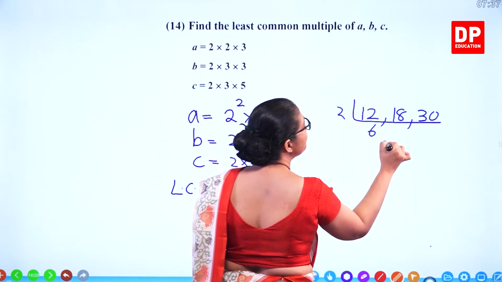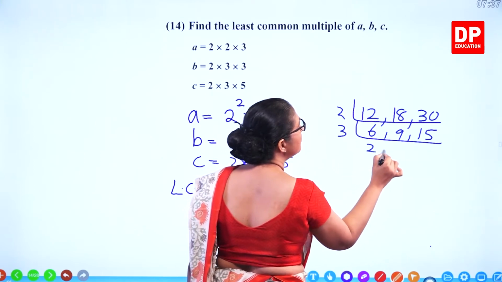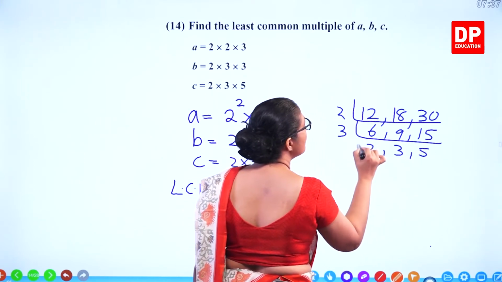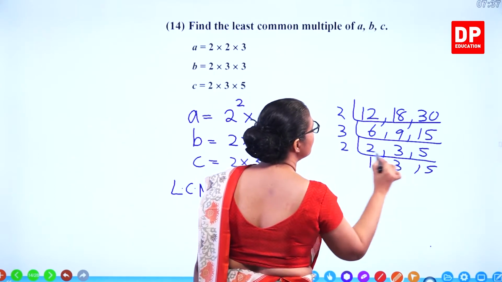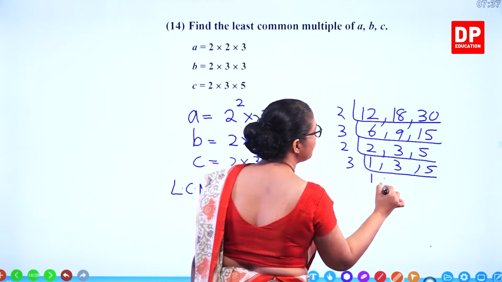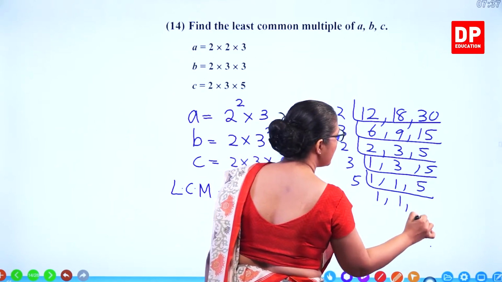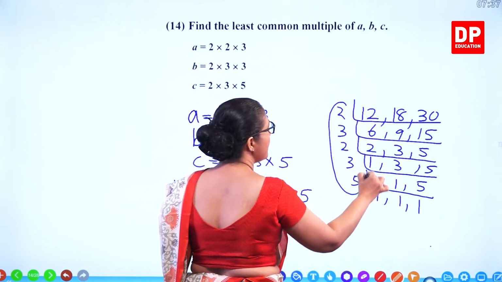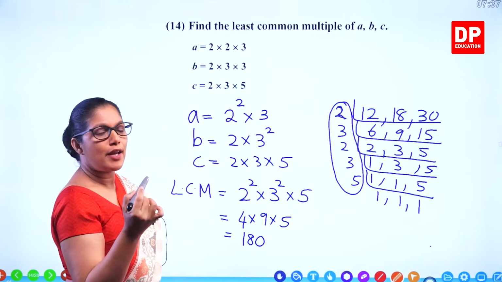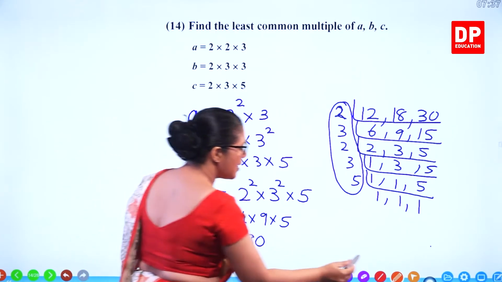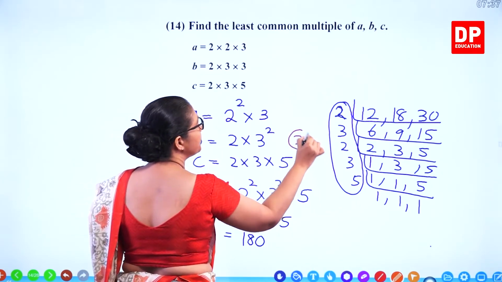Divide by 2, divide by 3, divide by 2, divide by 3, and divide by 5. So when you multiply these values, you can get the least common multiple as well. So you can use any method. This is the easiest way to do that. So you get 2 marks for that.